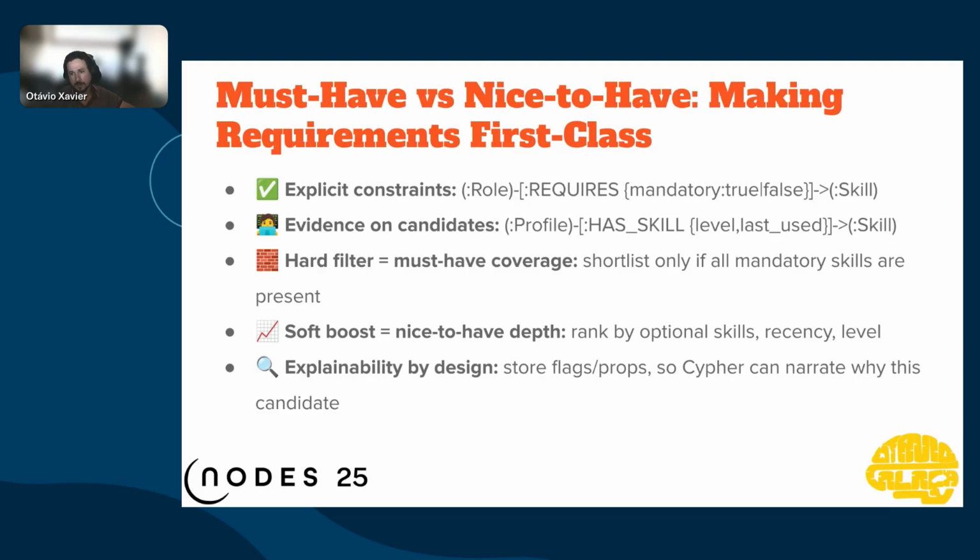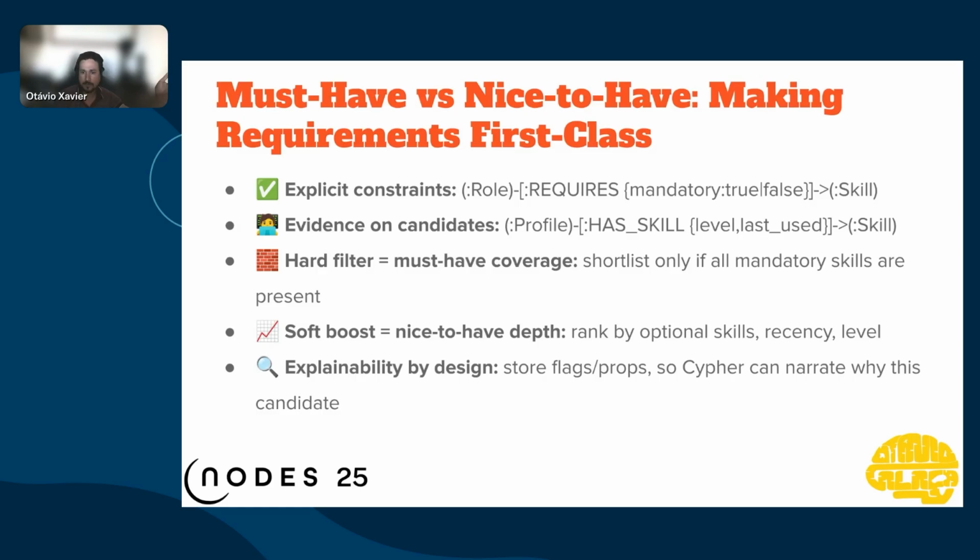So in this example, we can say that a given role requires, as mandatory or not, a given skill, and so on. And the same strategy I talked about for edges, we can use here. When saying a profile has a skill, we can say what the level is, like senior, junior, and even the last date it was used.